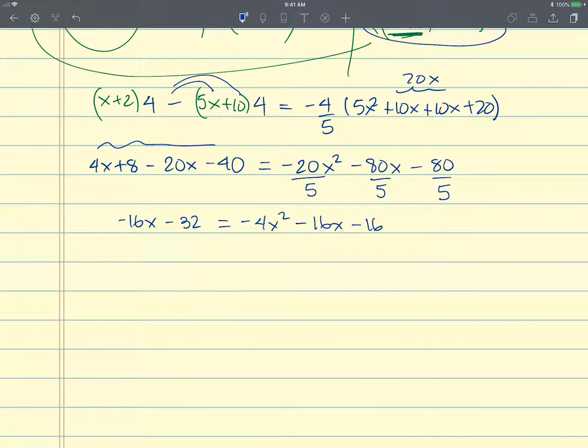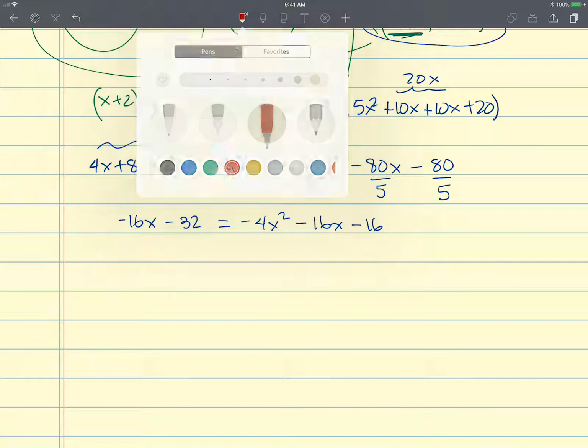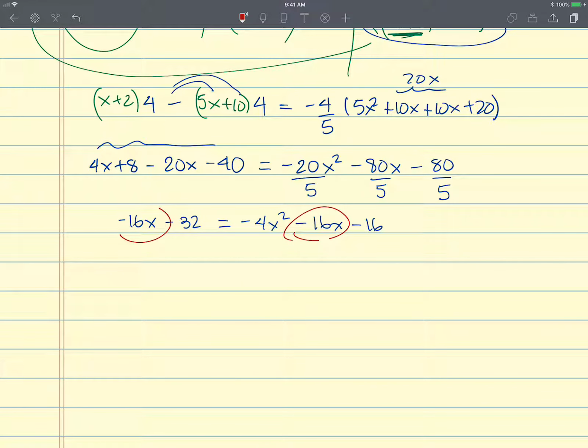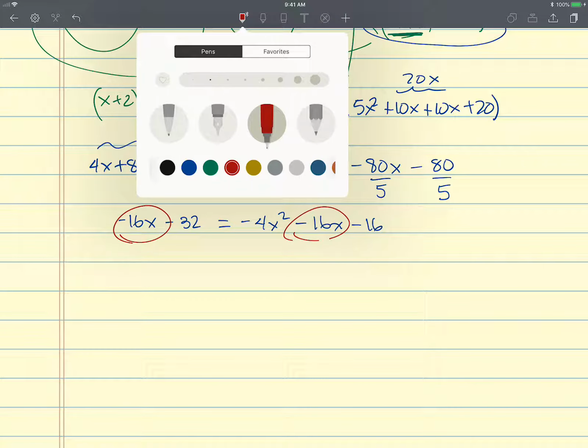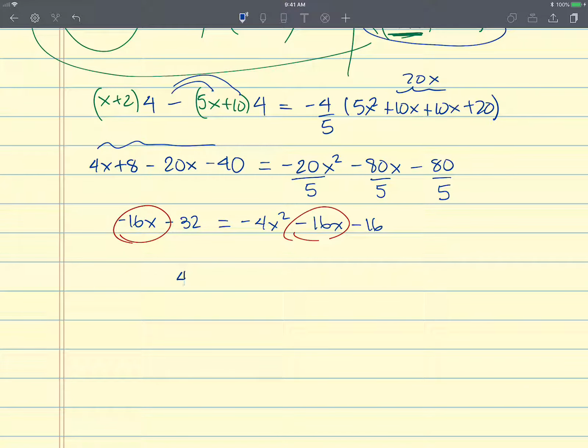Okay, so now let's put the numbers together. The 16x's cancel, because I'm going to add the 16x to move it over here. If I move the 4x squared over here, I have a positive 4x squared on this side. And I have a negative 16; I'm going to add 32, so 32 minus 16 is 16.